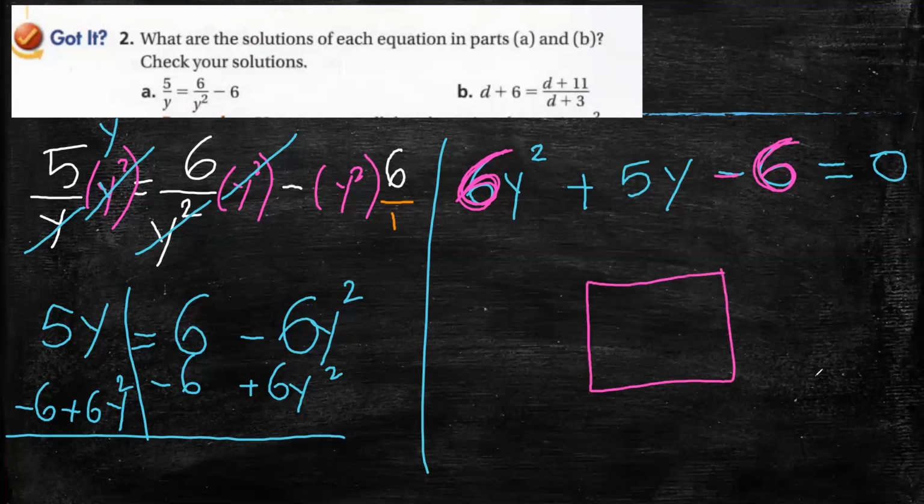We need two numbers that multiply to negative 36 and add to positive 5. Two factors: 9 and 4. Since the answer is positive, the greater number will be positive and the smaller number negative.